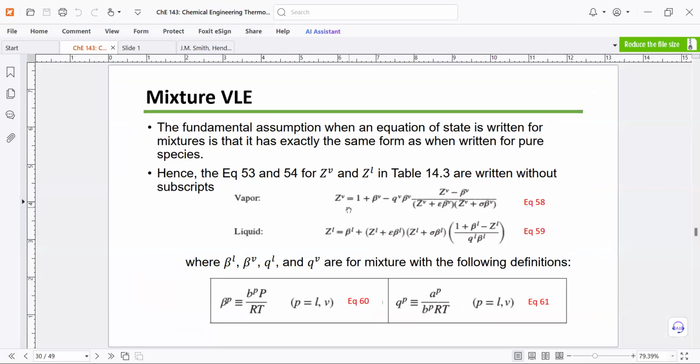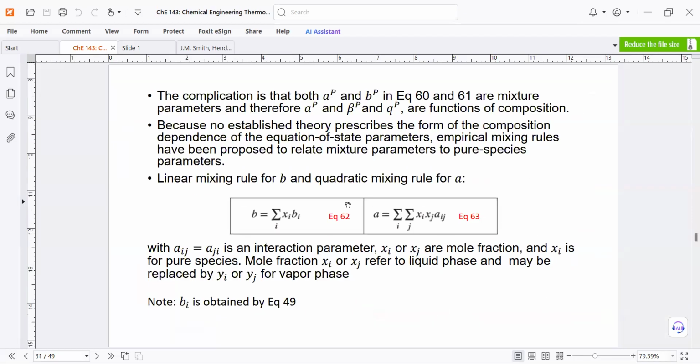And it's supposed to be straightforward if the scenario is a pure species. But since there are more than one species, then it's a mixture, and therefore there's an interaction, which can be either repulsion or attraction between unlike molecules.